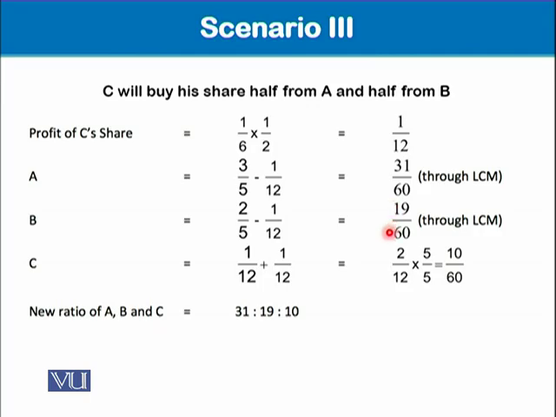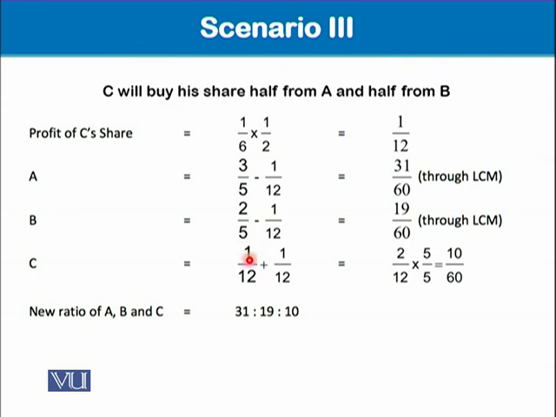So from this 3 by 5, C has taken 1 by 12, meaning half of this 1 by 6. Half of this 1 by 6 is 1 by 12. Half of this 1 by 6 has been taken out from 3 by 5 and half has been taken out from 2 by 5.